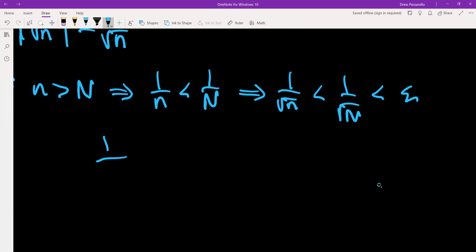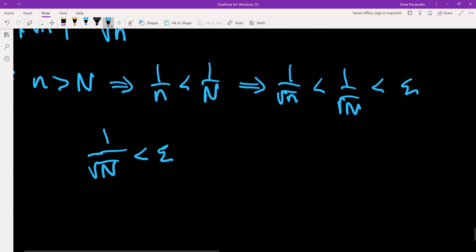So we're working with 1 over the square root of capital N being less than epsilon.